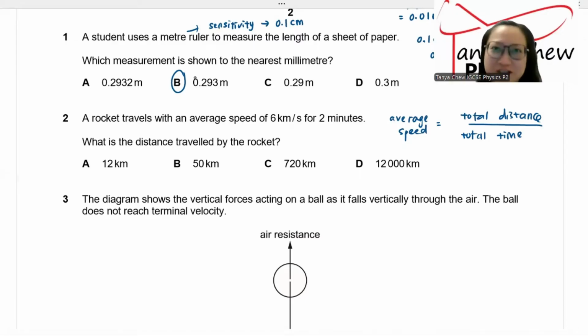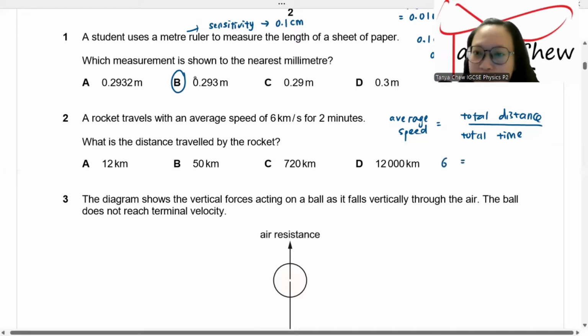Normally, I would change that kilometer to meter. But hey, before you do any changes, you have to look at the 4 choices that you're given here. All the 4 choices are given in kilometers, so you do not have to do any changes to that. So just put in 6. Total distance is the one that you have to find. Time is in 2 minutes, but before that, I want you to look at the speed.